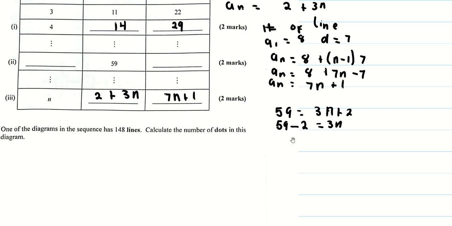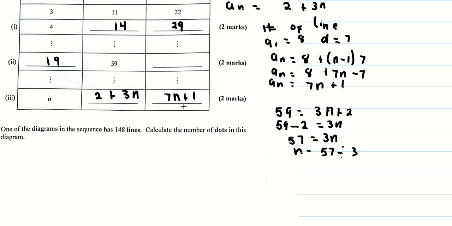So 57 is equal to 3n. So n would be 57 divided by 3. If I carry across, the opposite of multiply by 3 is divide by 3. I am going to get 19. So my n term is 19.